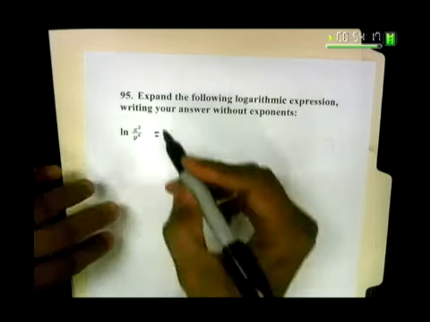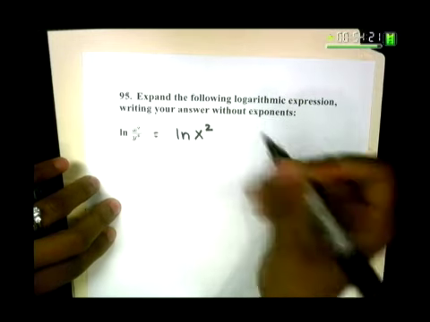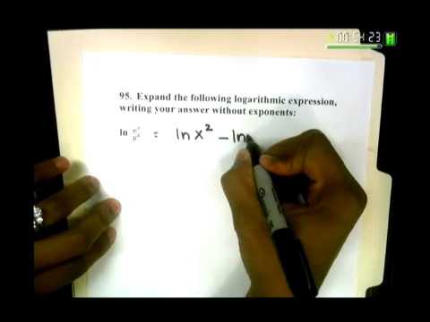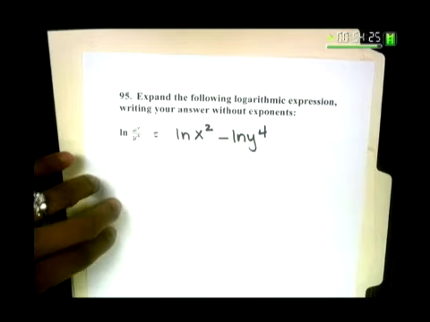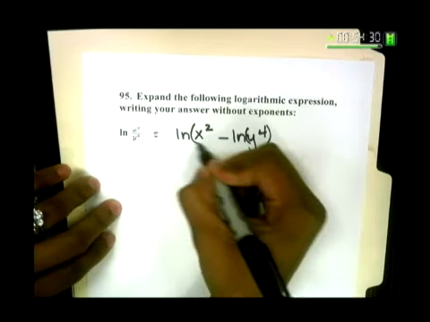So here you'd have to use those properties of logarithms. I'm not going to list them all, but you want to go back and look through those. Because we're dividing here, this is the same thing as natural log of x squared minus the natural log of y to the fourth. I wrote that a little close, so I'll put parentheses.